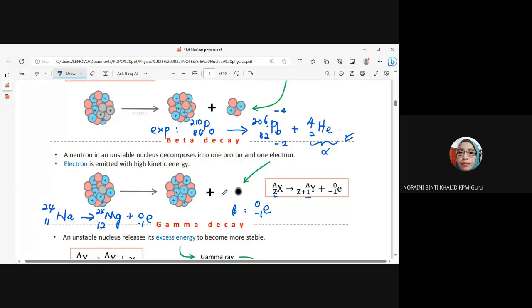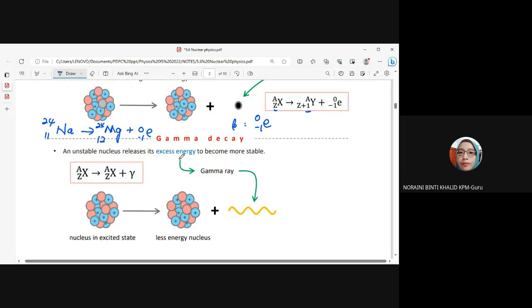Actually, if you want to check both sides, the nuclear number must be balanced. The left side before and after should be equal, and the proton number also before and after should be equal. Itu example untuk beta decay.